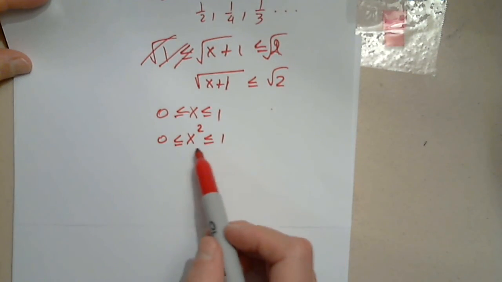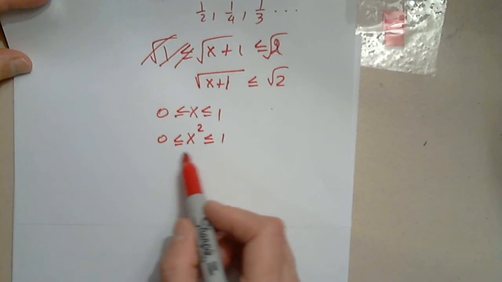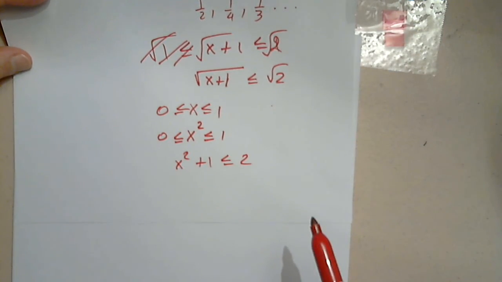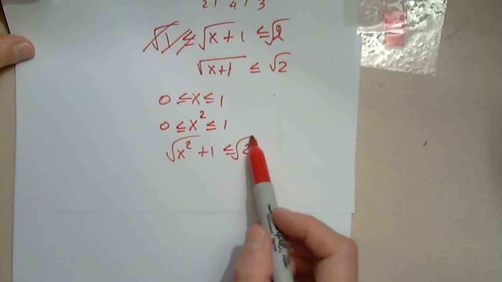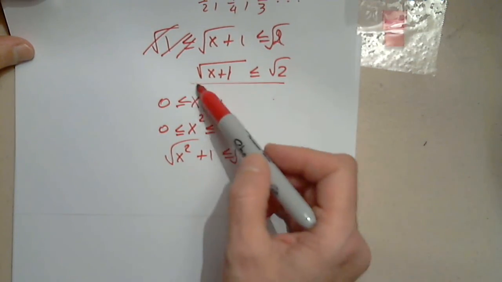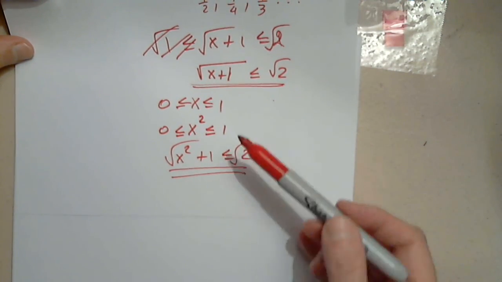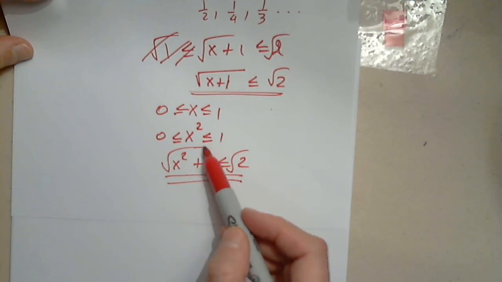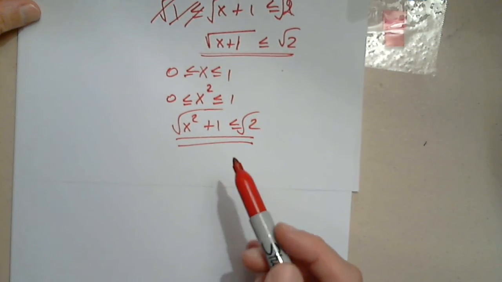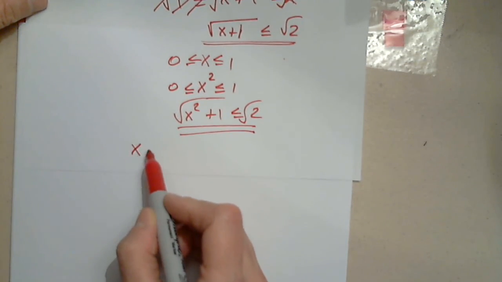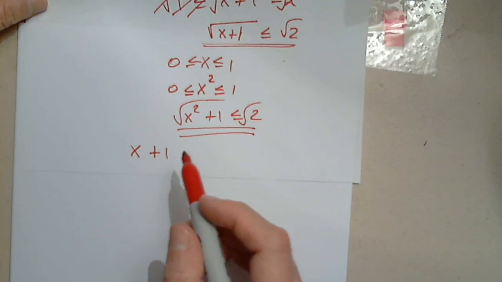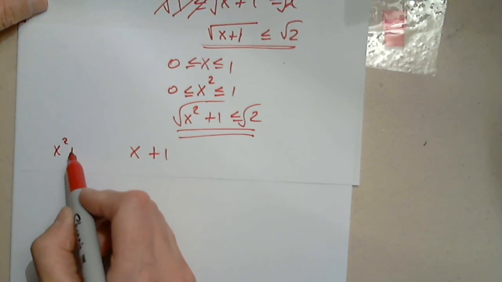So when I add 1 to all three sides, I have x squared plus 1 is less than or equal to 2. I take the square root, and I haven't gotten too far. This will not give me a comparison. I only know that both of them are less than or equal to the square root of 2. But the question is, what will really be the relationship between x plus 1 and x squared plus 1?